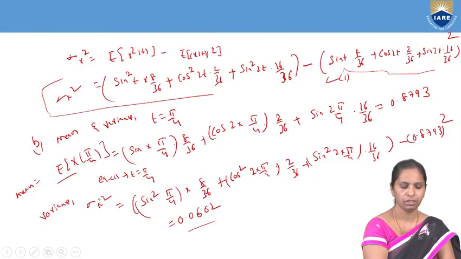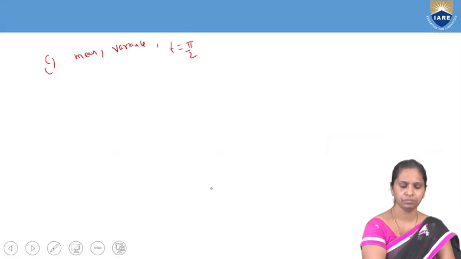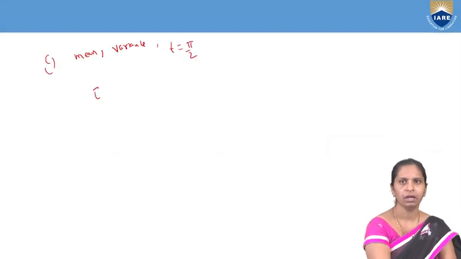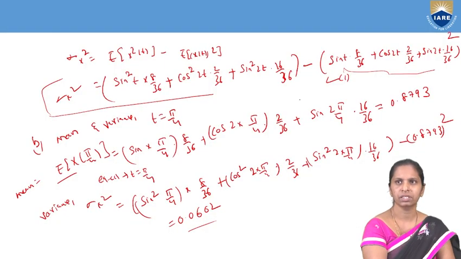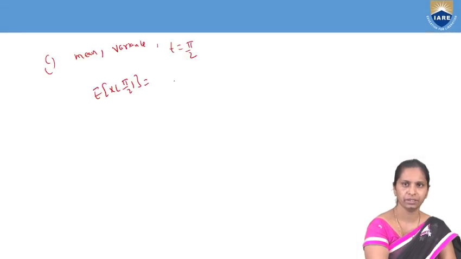So what do I do here? This was previously calculated for pi by 4. So in place of pi by 4, you have to substitute pi by 2. Then what is the mean here? X of t, with t equal to pi by 2, is equal to sin t into 8 by 36 plus cos 2t into 2 by 36 plus sin 2t into 16 by 36. So sin, in place of t, substitute pi by 2. So what do you get here?